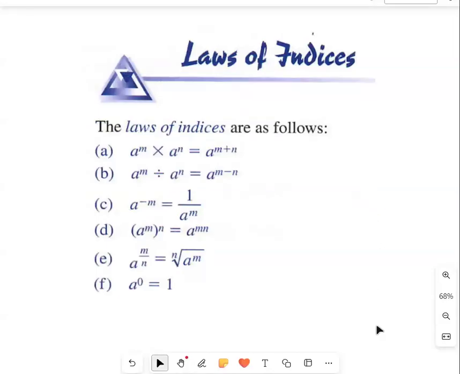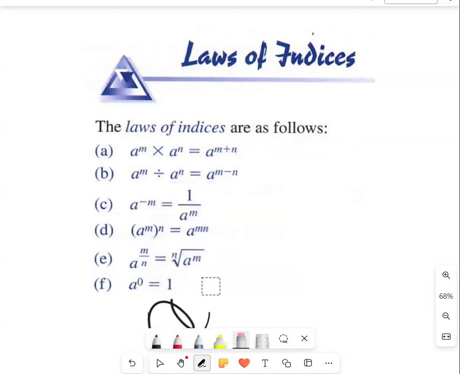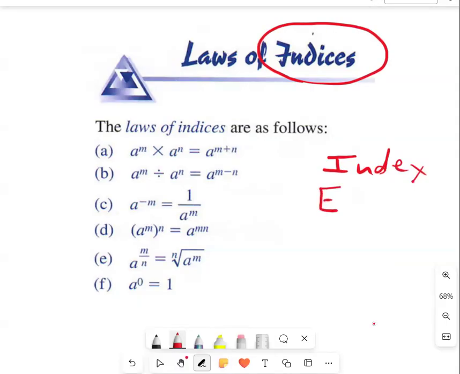Before we actually go to the laws, the word indices is really the plural of the word index, which is another word for exponent or power.